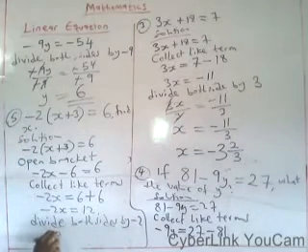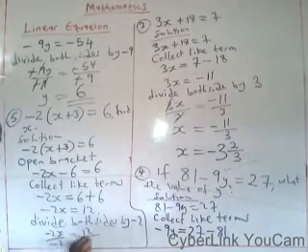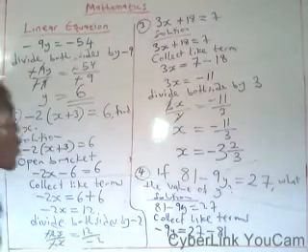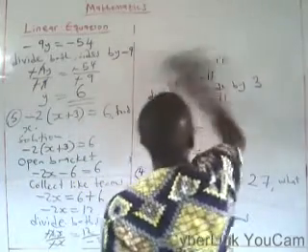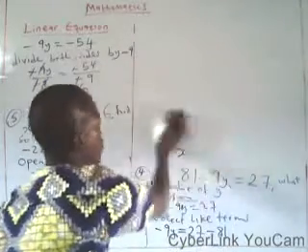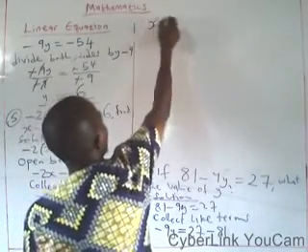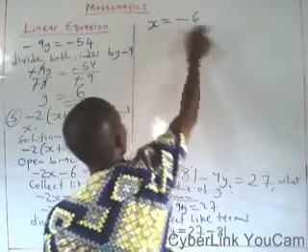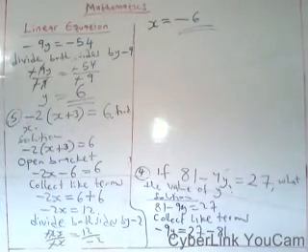Then we now have minus 2x all over minus 2 is equals to 0 over minus 2. We cancel minus with minus, and 2 with 2. Our value of x will now equals to minus 6.